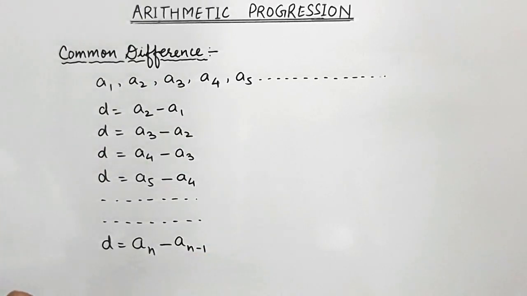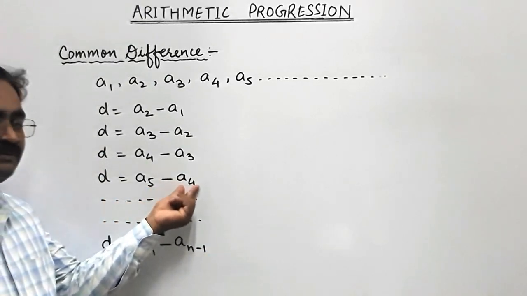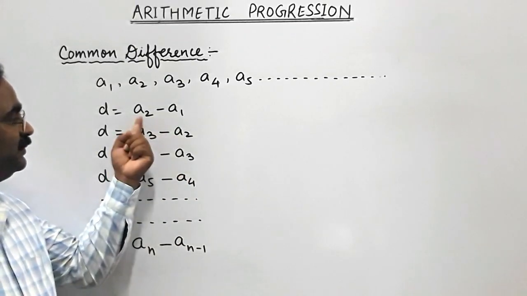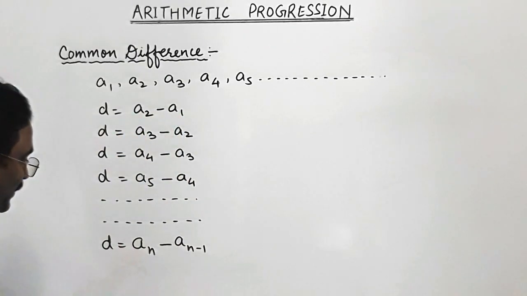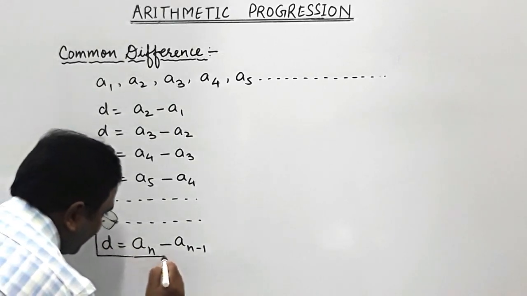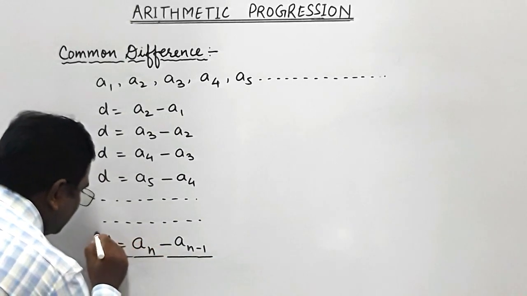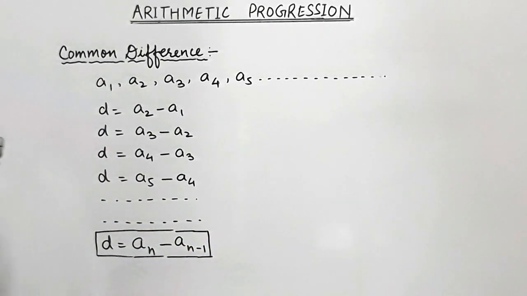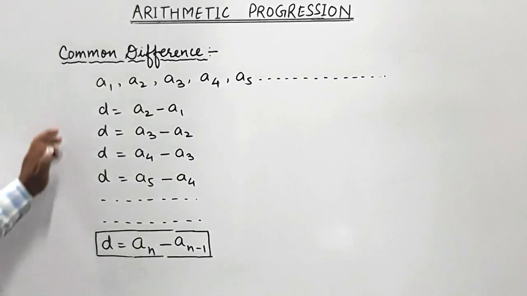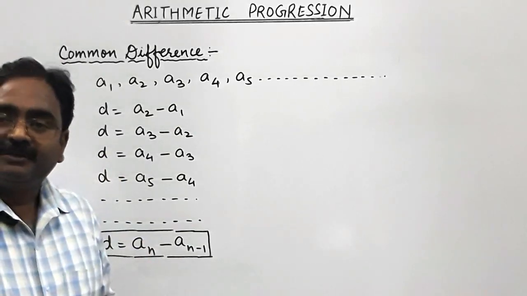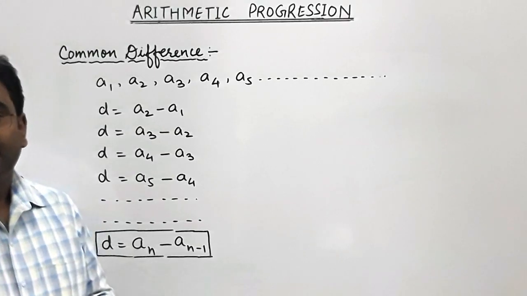You see, here it was 5, so here it was 4. If 4, then 3. Then 3, 2, 2, 1. So similarly, we have made this common difference equal to an minus a(n minus 1), which is also an important formula to find the common difference of any arithmetic progression.